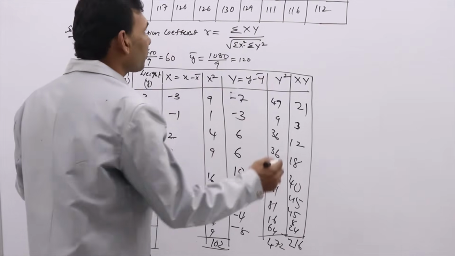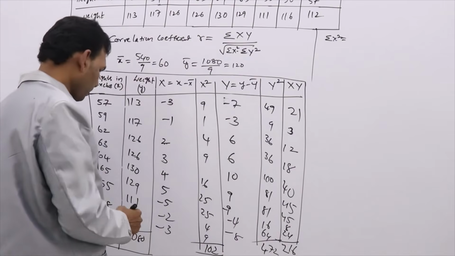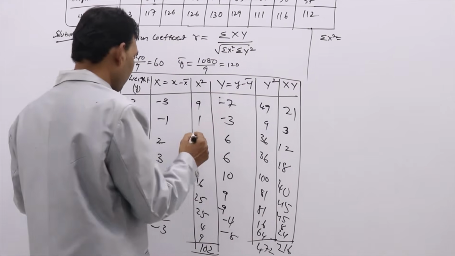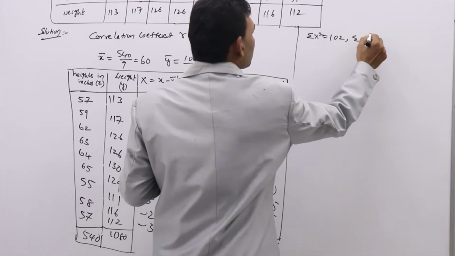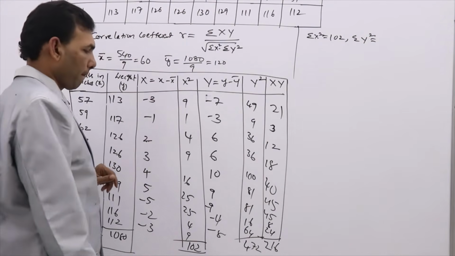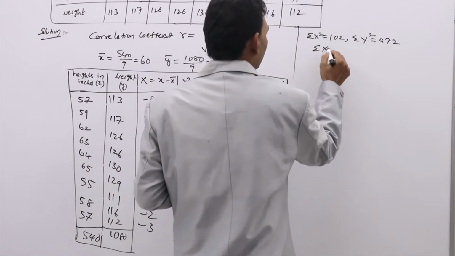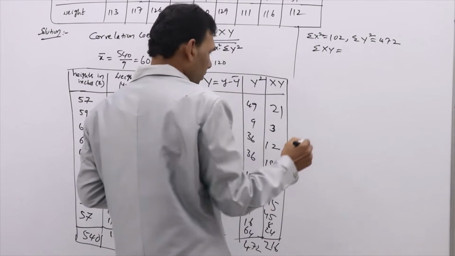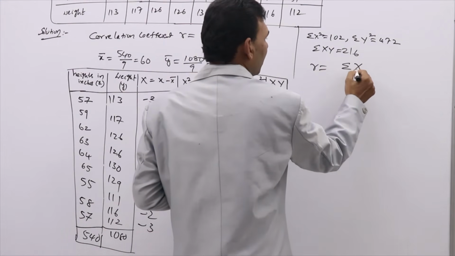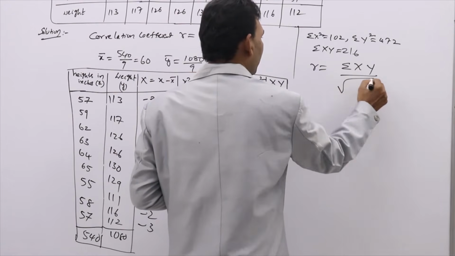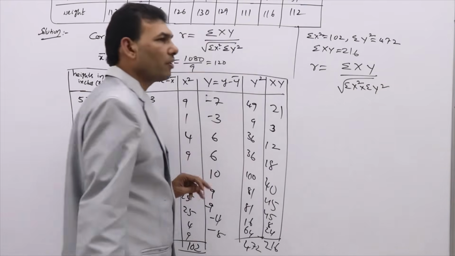Now we have the sigma x square value, 102. Sigma y square, 472. Sigma xy, 216. Using these values we are going to evaluate r equal to sigma xy by square root of sigma x square into sigma y square.